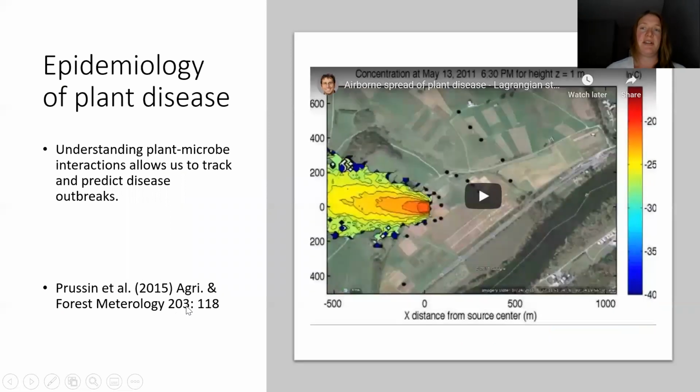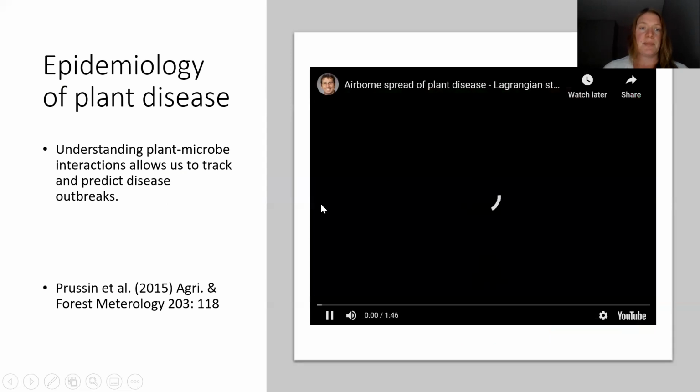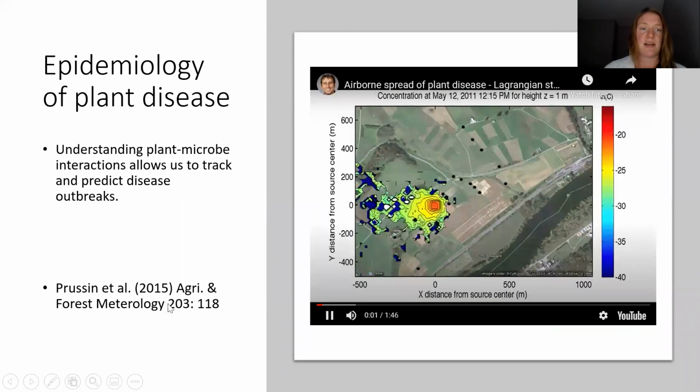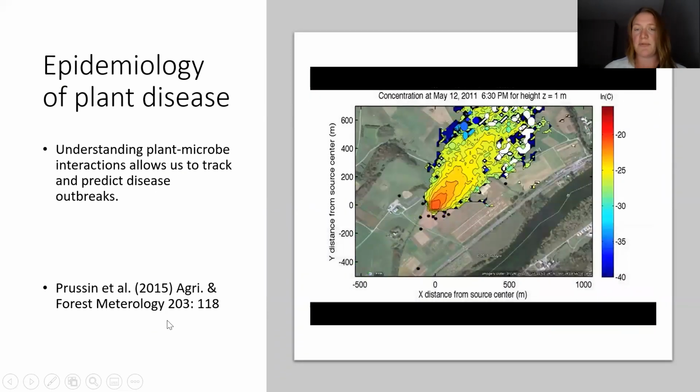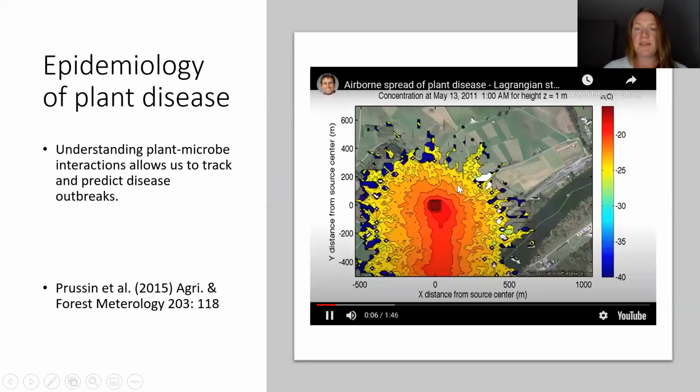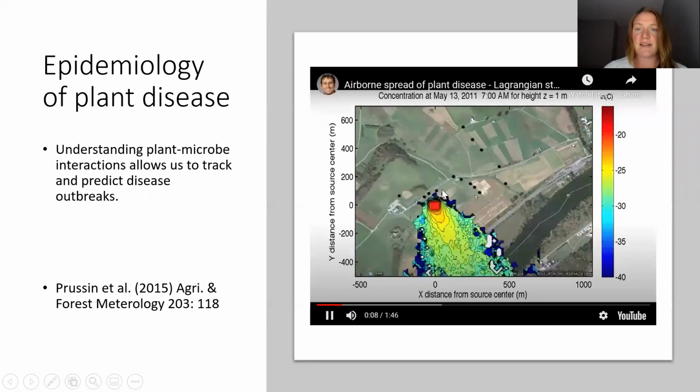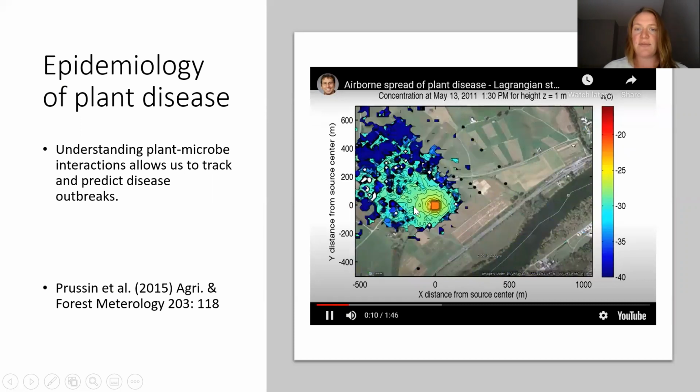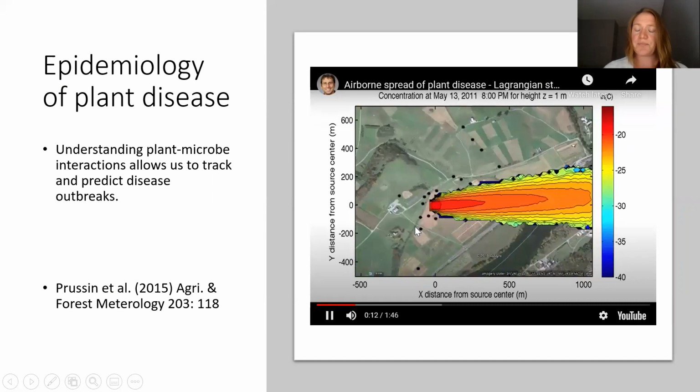So epidemiology is important. It allows us to track and predict disease outbreaks. And there's a number of different tools that we don't really have time to get into in this course, but I want you to be aware of them. So basically there's groups like this one, and this is the associated paper if you're interested. But basically what these groups are doing is placing sensors around infected fields, and these are spore traps.